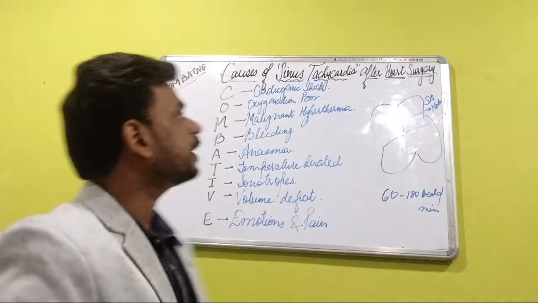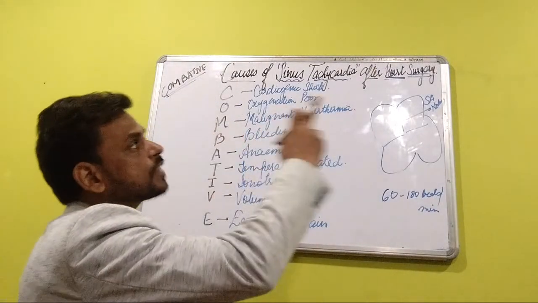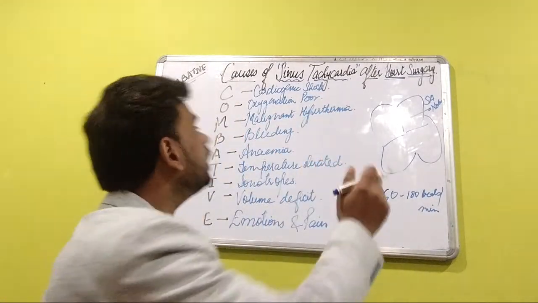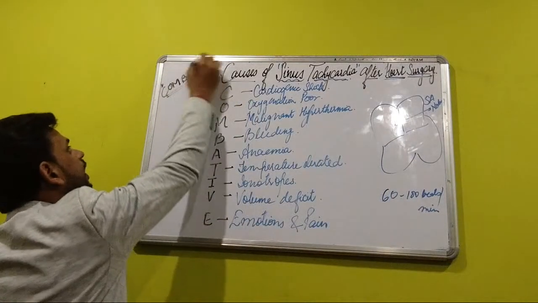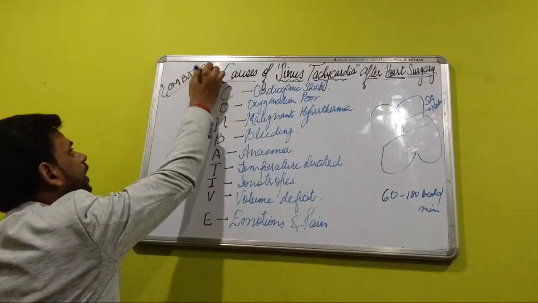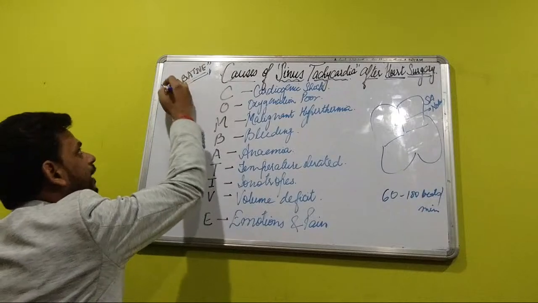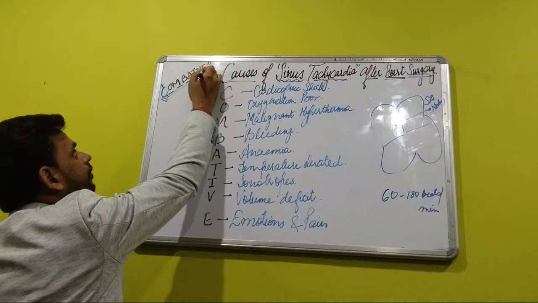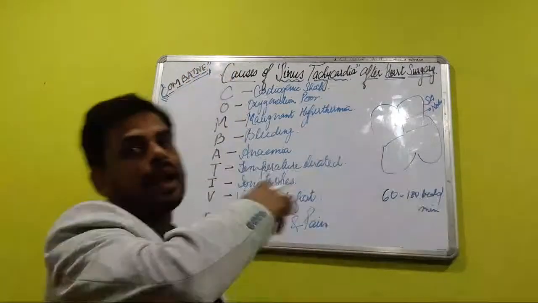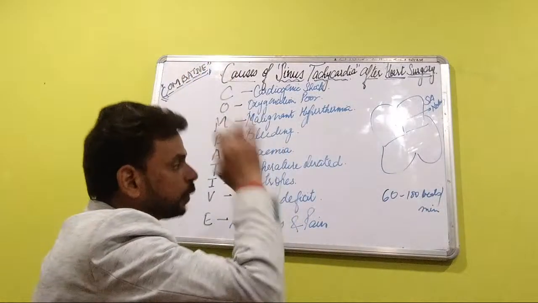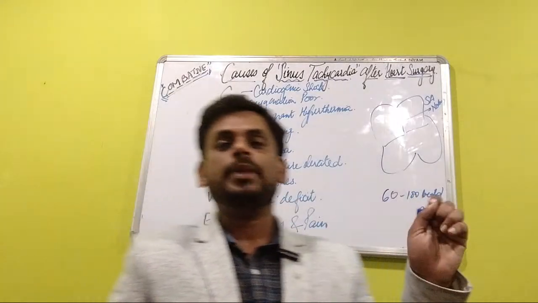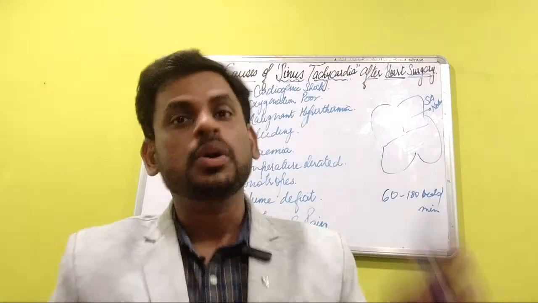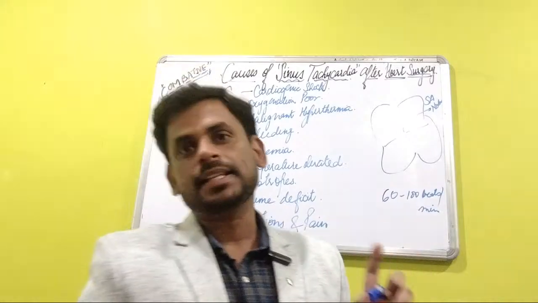So viewers, the causes of sinus tachycardia after heart surgery can be very well remembered if we just remember the mnemonic called COMBATIVE. Every alphabet of COMBATIVE refers to one of the causes of sinus tachycardia.